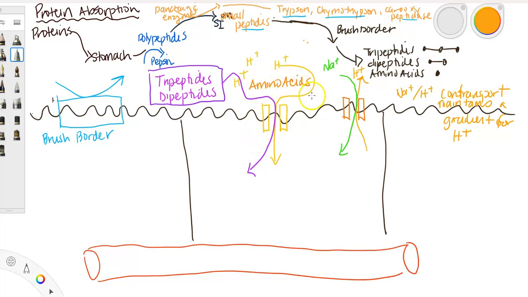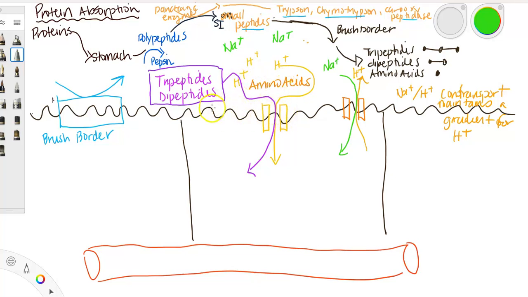All right, amino acids come in using sodium. So we've got sodium out here because this is the outside of the cell, so of course there's sodium out there.